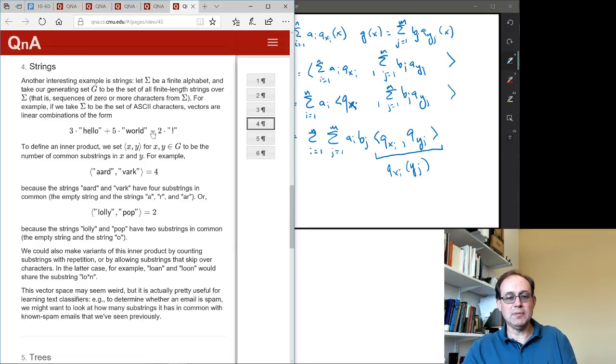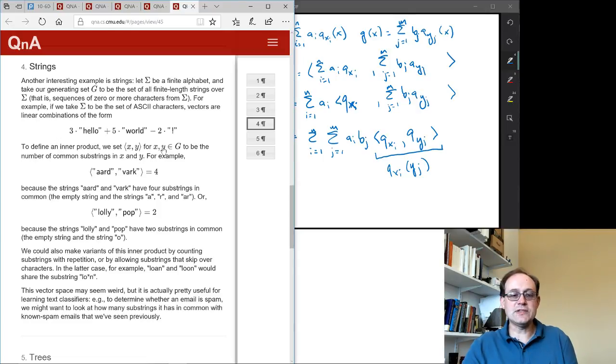It's a little odd to think of a string as a vector, but it's perfectly legitimate to define a vector space this way. We've already defined a vector space just by taking the span of those vectors, and if we define an inner product, we can make an inner product space.